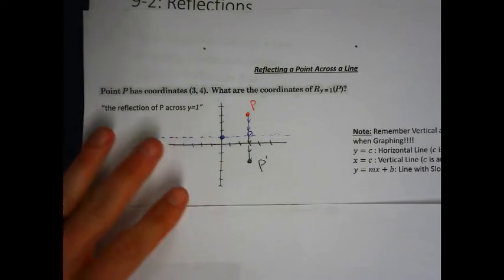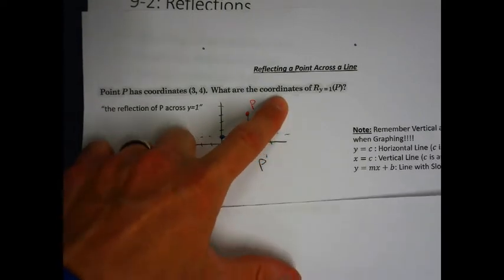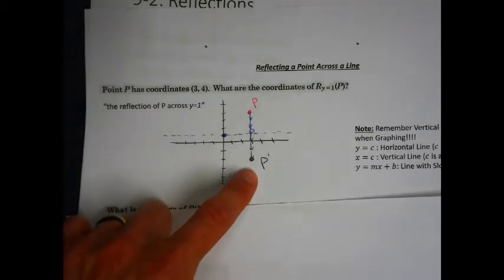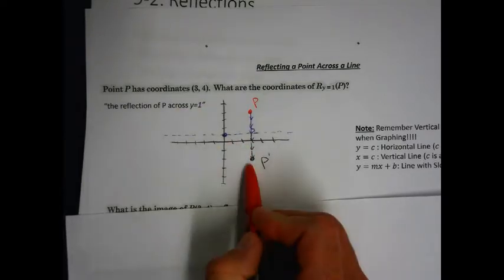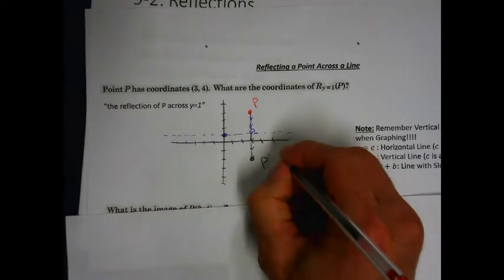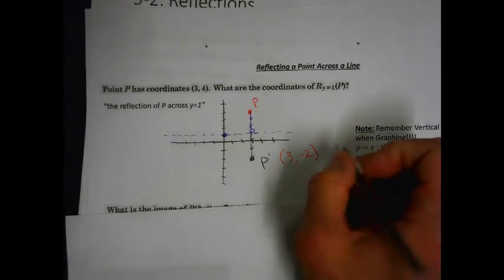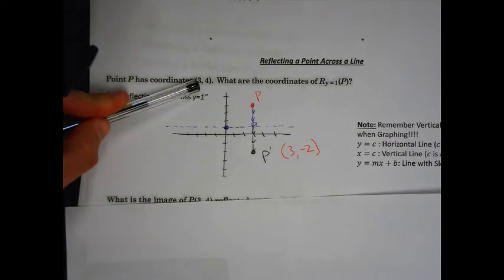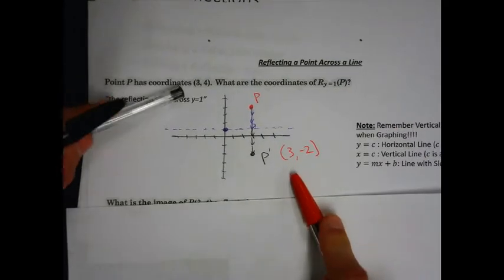Whoop, just like that. So all we need now is the coordinates of the reflection. Where is this new point? It's at 3, negative 2, right? That's interesting. That's where the new coordinates are. Hopefully you find something interesting. Look at the original coordinates, what we reflected it across, and look at the new coordinates.